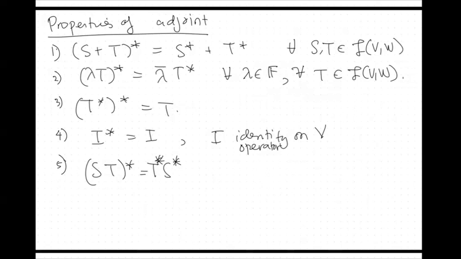So (ST) star is just T star S star, for all T in L(V, W) and for all S in L(W, U), where V, W, and U are all inner product spaces over F. We will provide proofs for some of them, but not all. Of course, for the first, you just need to check the closure.